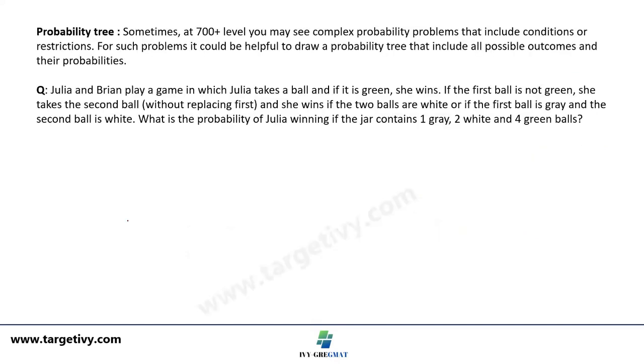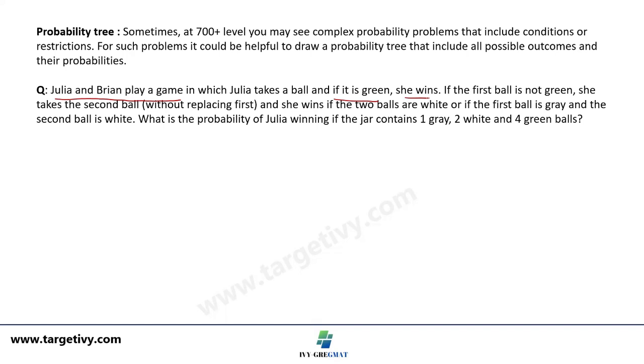Sometimes probability can give you a tough time because of the length of the question. Look at the length of this question. But when I look at this question properly, I find that Julia and Brian play a game in which Julia takes a ball, and if it is a green ball, she wins.